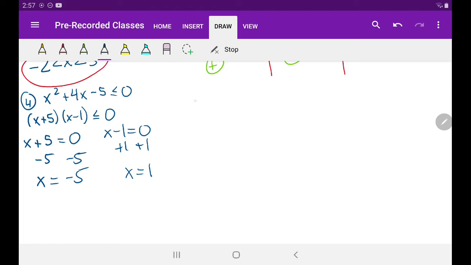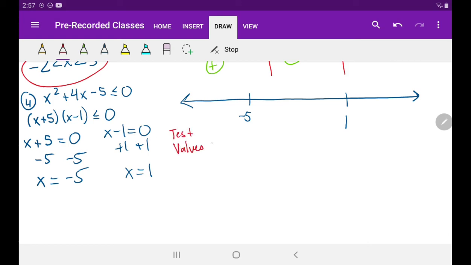Then I'll put those possible solutions on my number line. So I have negative 5 and 1. I'm going to pick my test values: negative 6, 0, and 2.